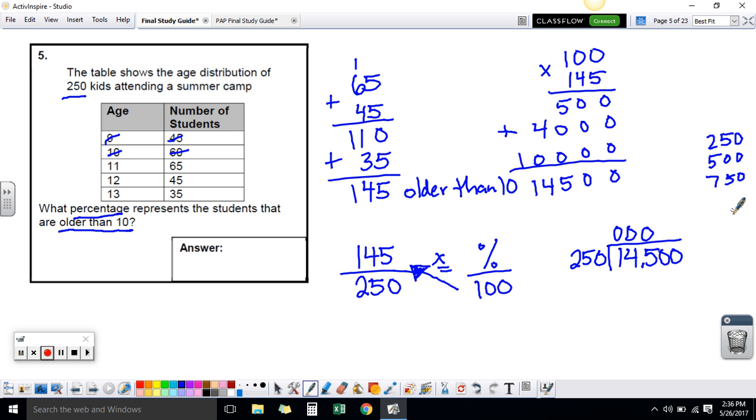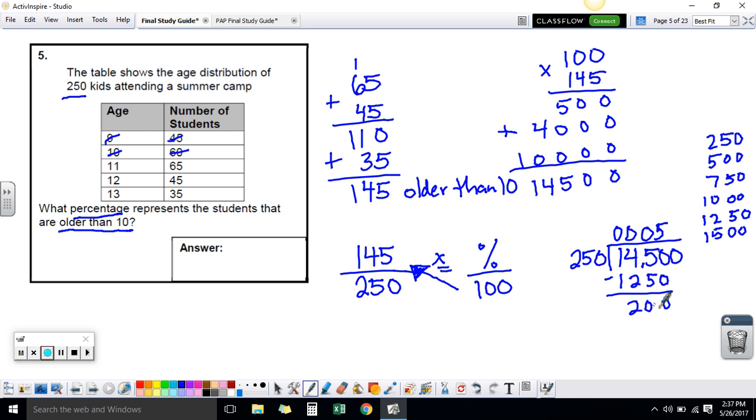Kind of looks like quarters and money, doesn't it? 250 times 4 is 1,000, 250 times 5 is 1,250, and 250 times 6 is going to be 1,500, which is too much. So 5 times 250 is going to give us 1,250.